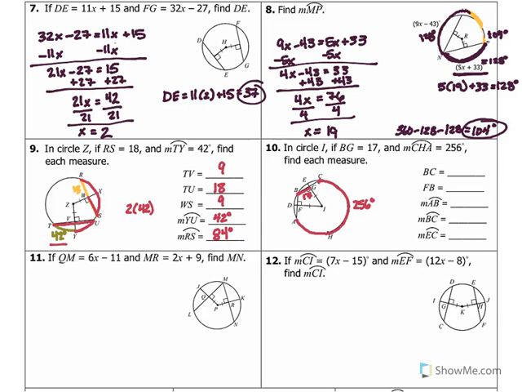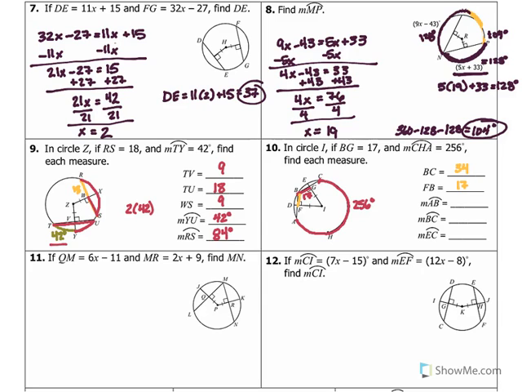It says to find each measure. So BC is what we want first. Well, BC is just a full chord. We know that half a chord is 17, so if we need a full chord, that's just going to be 2 times 17, which is 34. Now we want FB. FB is just half a chord, so it's just 17 again.